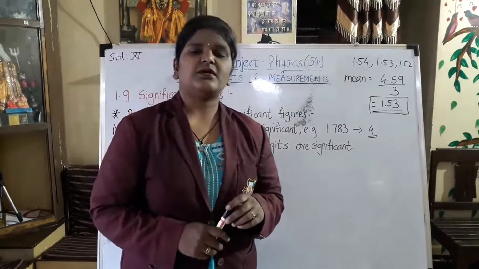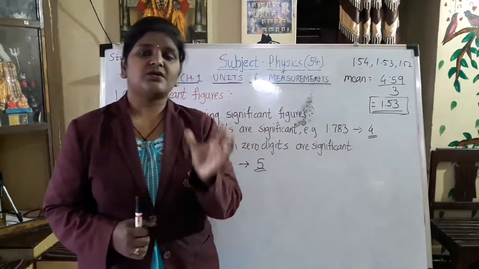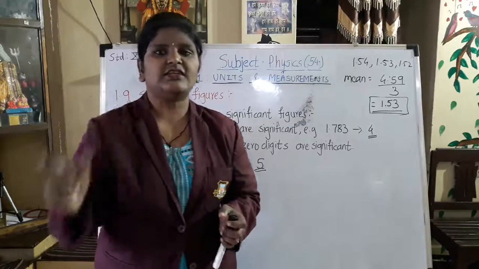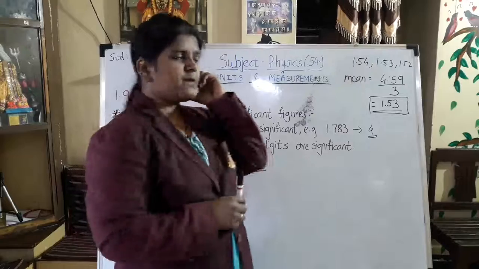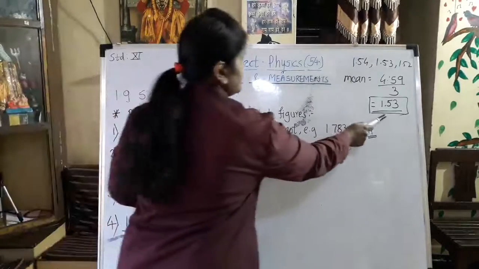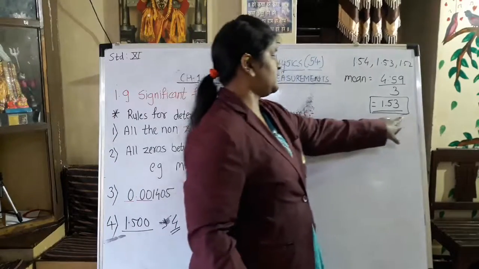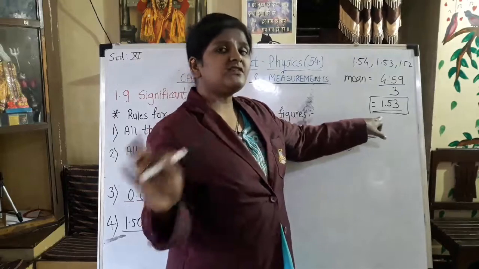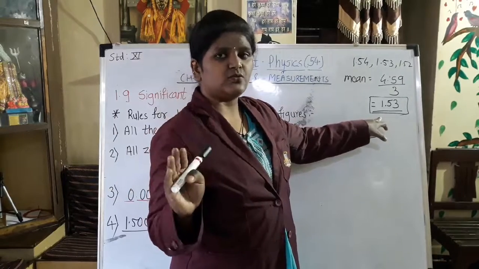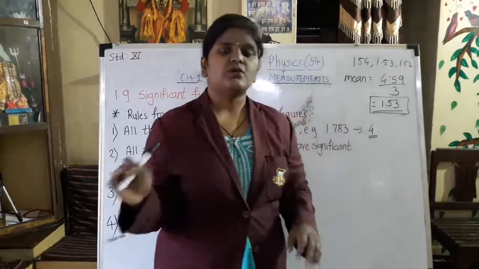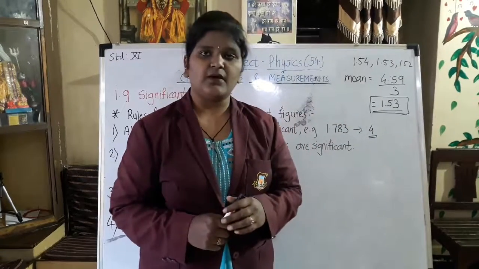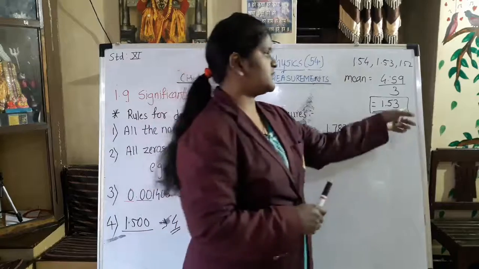It is nothing but when a number gives you a certain value, certainty in measurement. So what are the significant figures for this number? All the 3 values give certain value. They have some certainty: 1, 5, 3. All 3 of them are significant figures of this number.